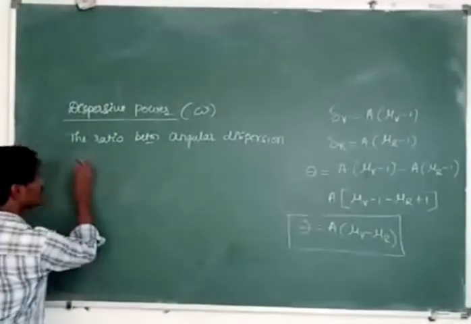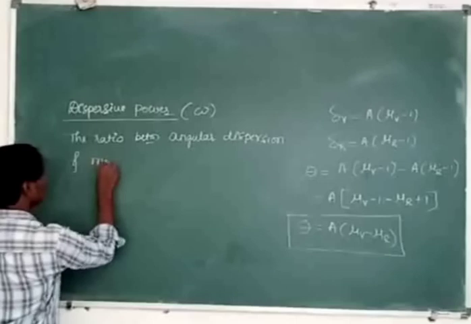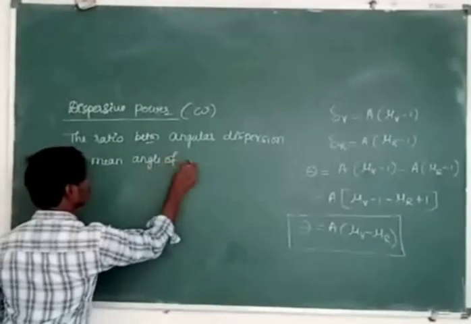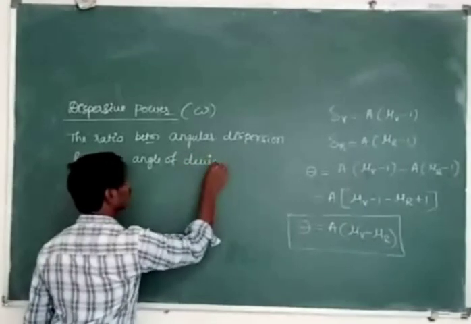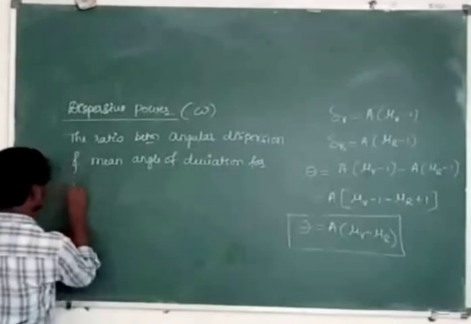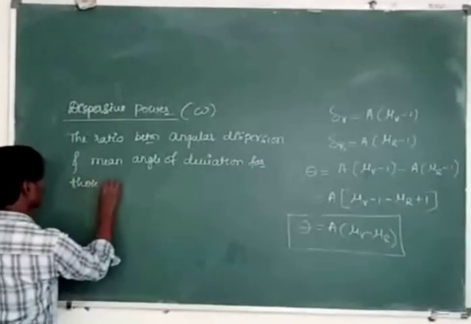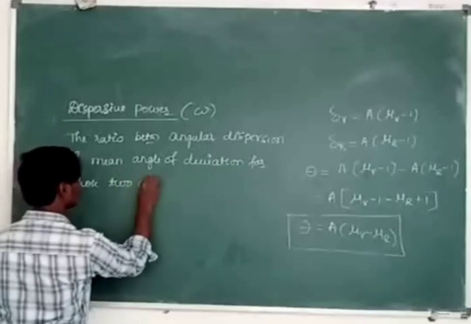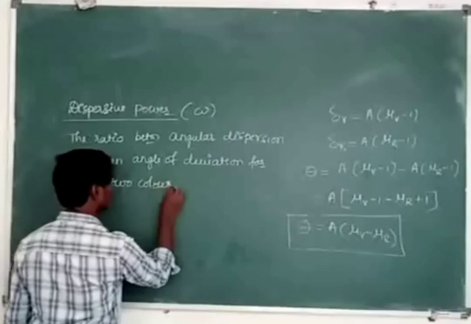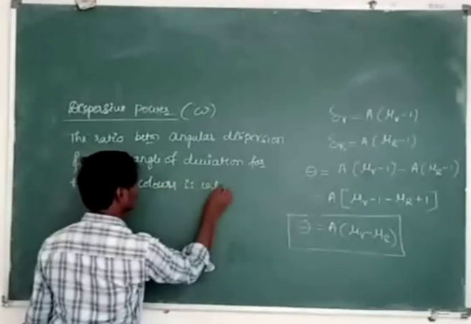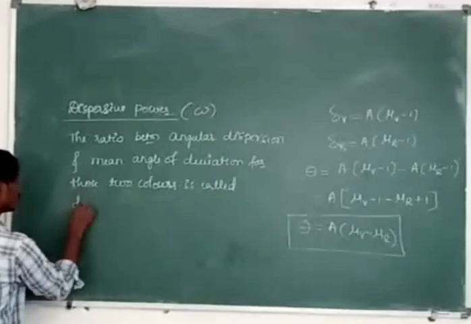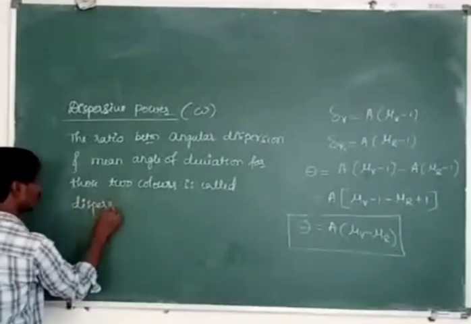The ratio between angular dispersion and the mean angle of deviation for those two colors is called dispersive power.